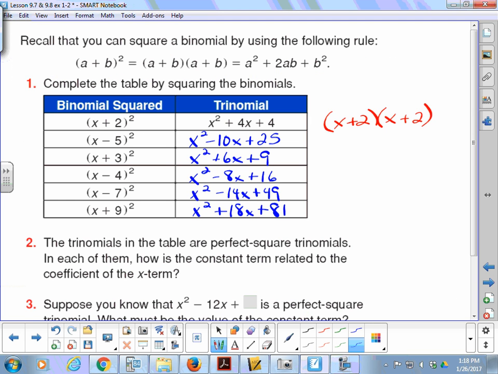Okay, so after filling out this table and really paying attention to the fact that a plus b squared equals a squared plus 2ab plus b squared.